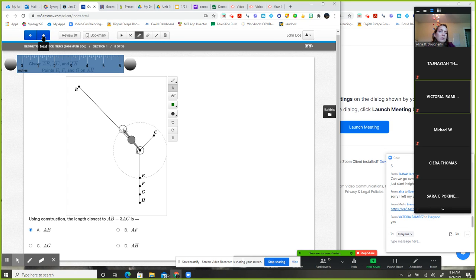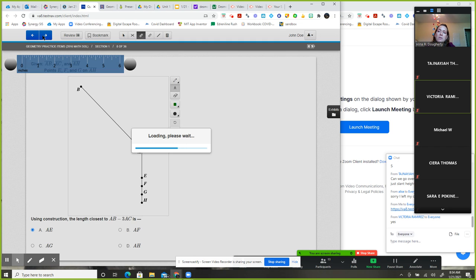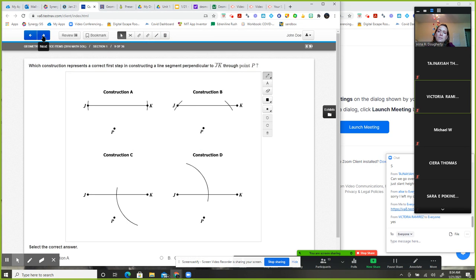We've got about 28 more questions, so let's keep clicking through. This one is asking, what construction represents the first step in constructing a line segment perpendicular to JK through point P? Well, if I want a perpendicular line through point P, I know I want a vertical line up this way.